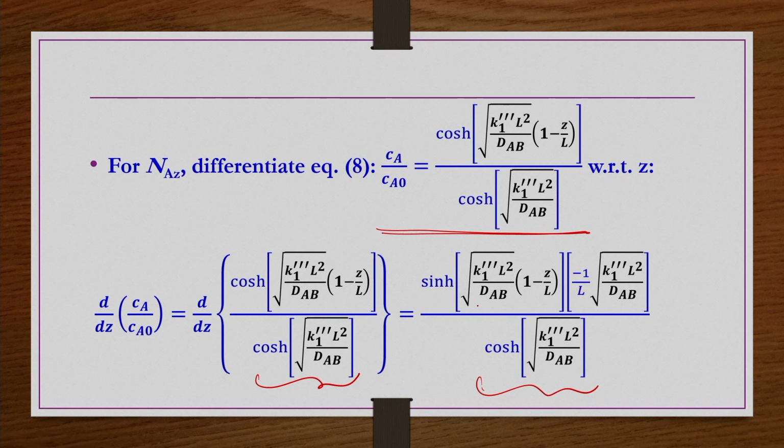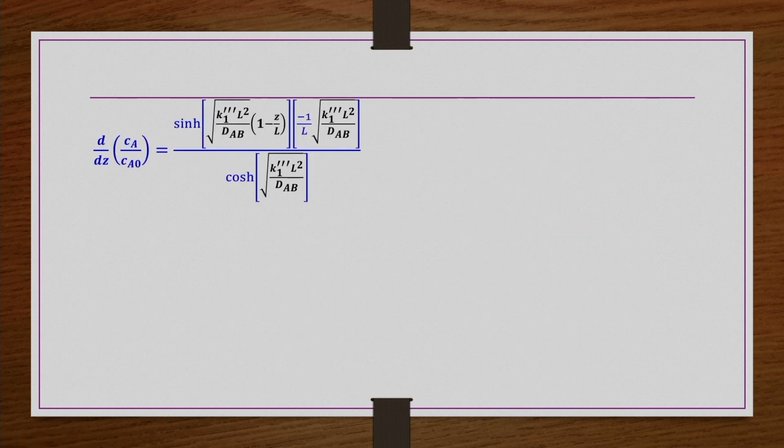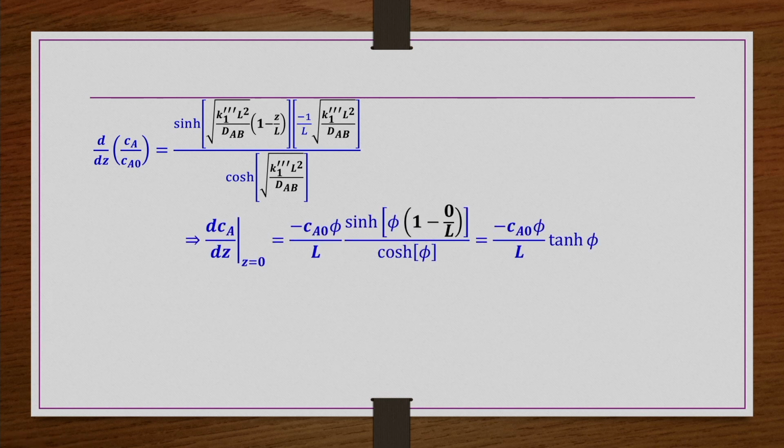So, sin hyperbolic of square root of k1 triple prime L square by DAB times (1 minus z by L), and then the differentiation of minus z by L times square root of k1 triple prime L square by DAB is nothing but minus 1 by L times square root of k1 triple prime L square by DAB. This Ca naught on the left hand side we take to the right hand side, and wherever square root of k1 triple prime L square by DAB is there, we write phi.